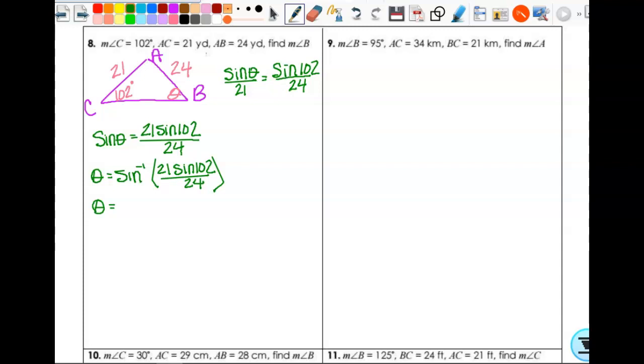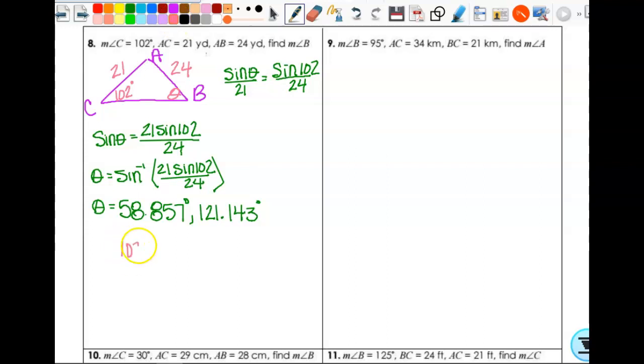And how many angles should you have? 2. One of them should be 58.857. You subtract that from 180. And your other one is 121.143. So then we check them. I have a 102 up here.